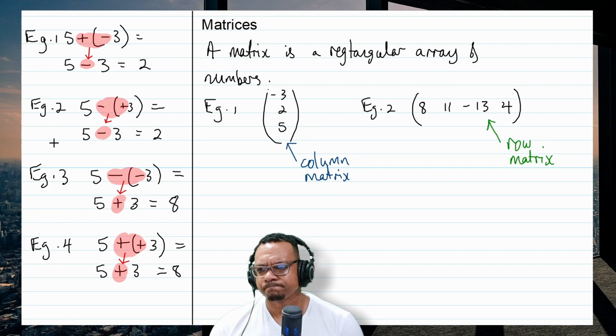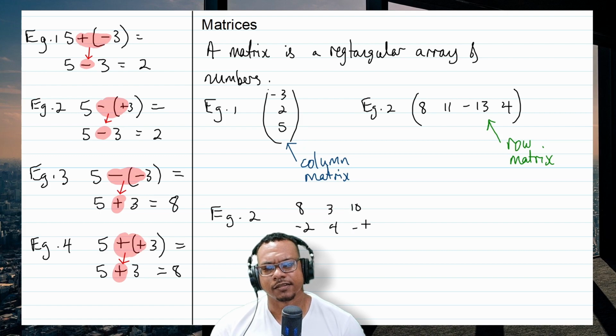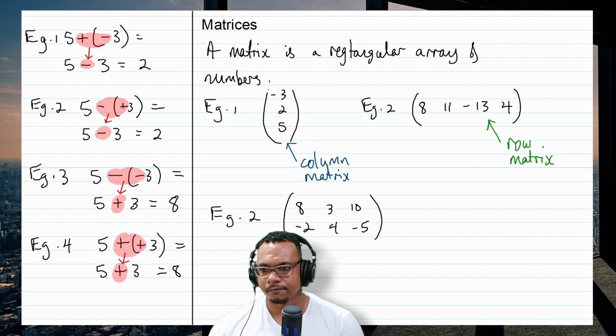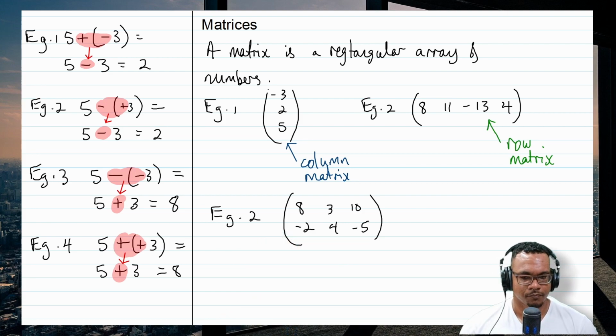So let's go to the next example here: 8, -2, 3, 4, 10, -5. Like this. In this matrix, yes, it's rectangular. It's a matrix, but I just want to count how many rows and columns we have.